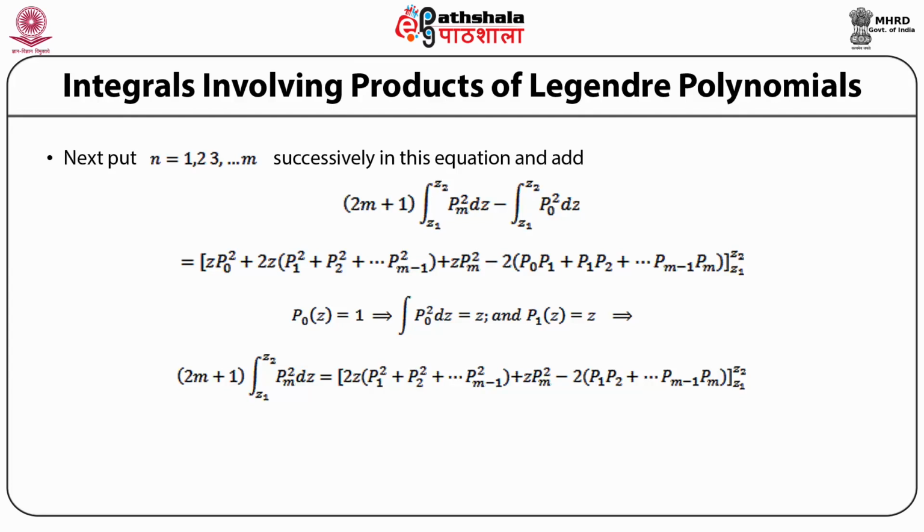Since p naught of z is equal to 1, this implies the integral over z for p naught square is equal to z and p1 of z is equal to z.